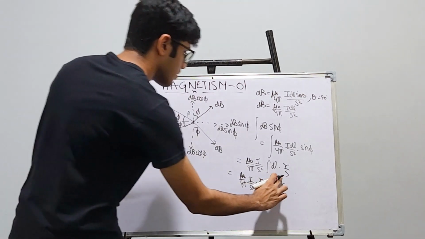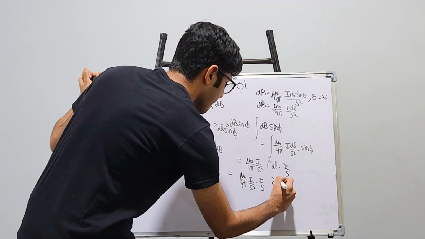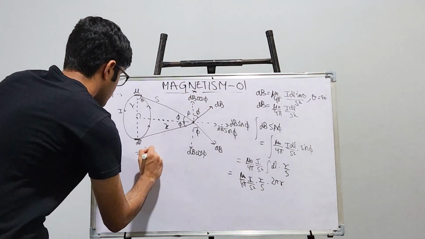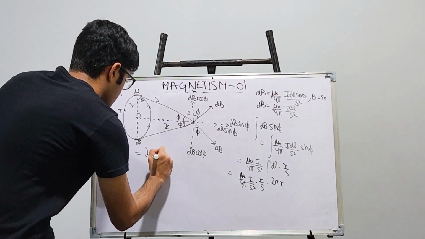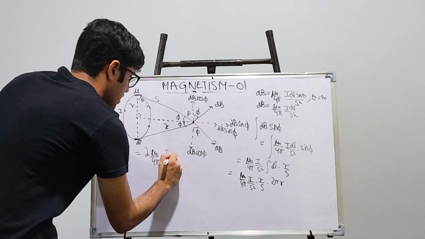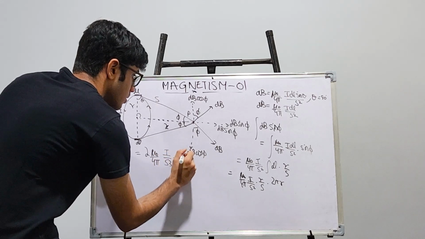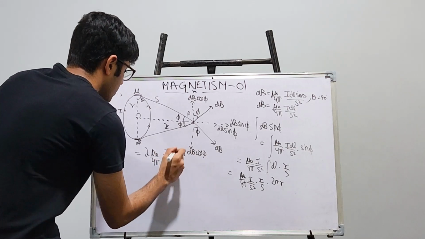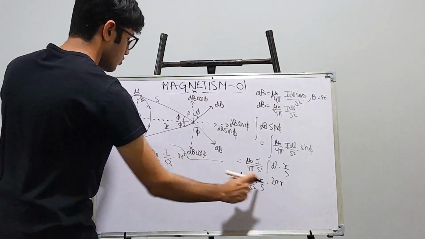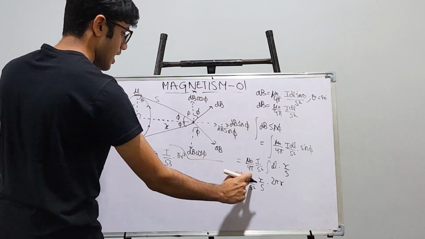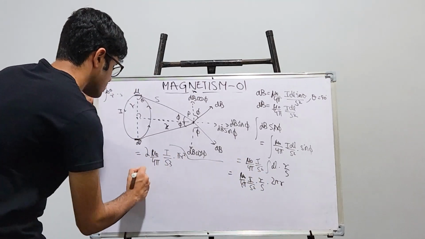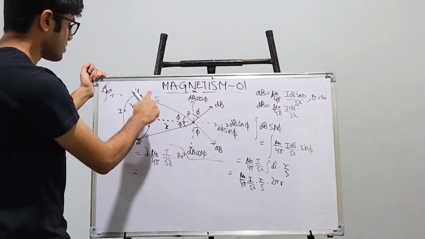So this becomes 2 times mu naught by 4 pi I by s cube into pi r squared. I have just rearranged the terms, because in that way I can write this as the area of the circle.